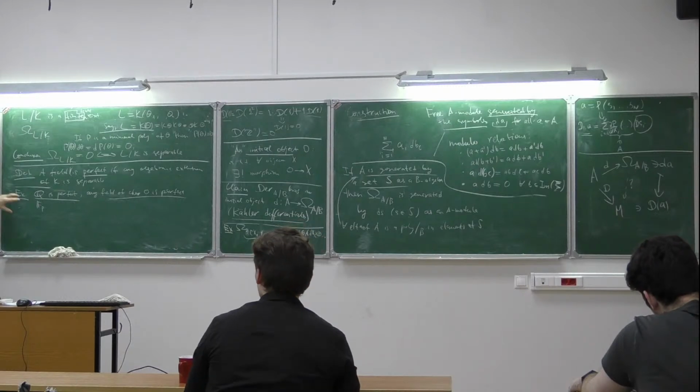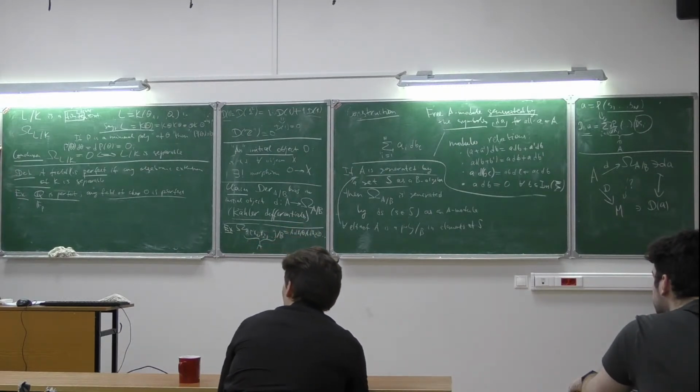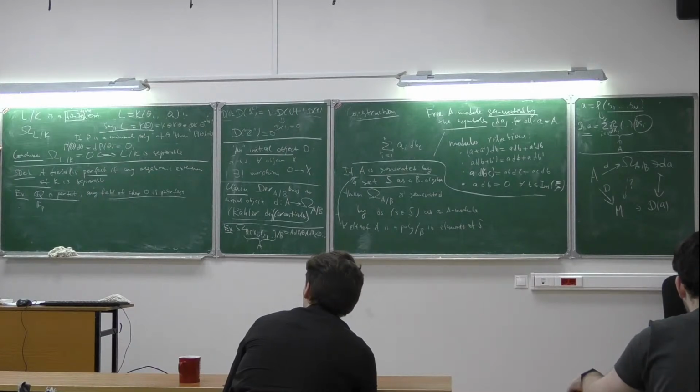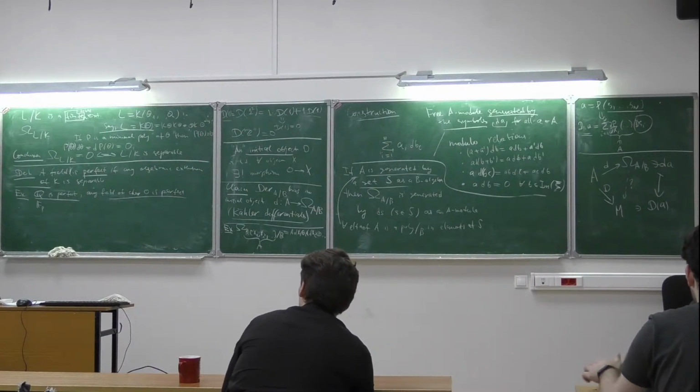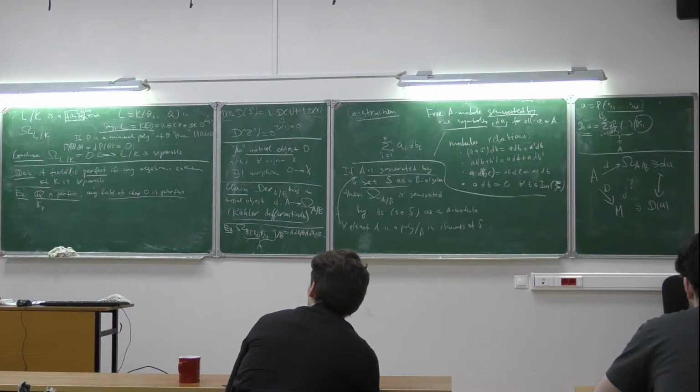Because you see, the point is that it's not evident what the relation is between Frobenius and perfectness.